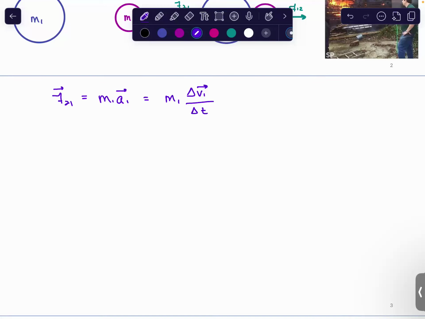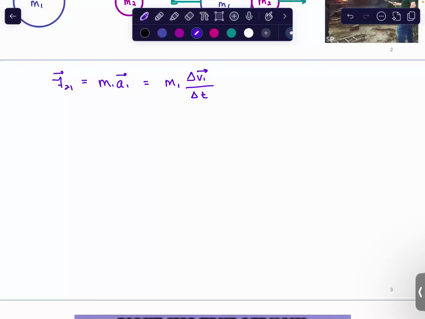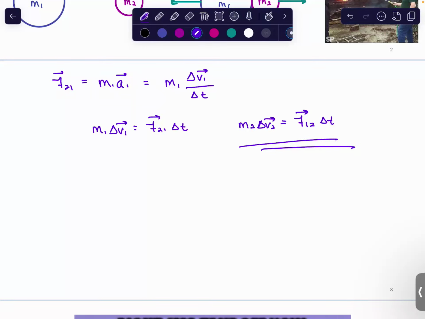Okay, so what we can do next is we can say that we go ahead and split these apart. And we can also say that, looking at this second one over here, what can I replace F12 with?